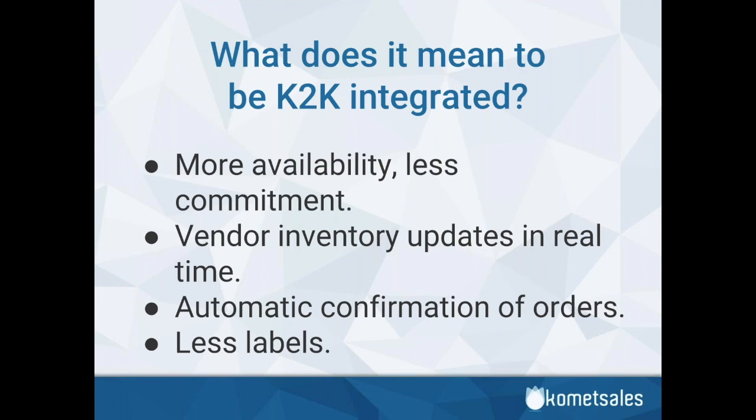You're already reflecting product as if it's yours, but in reality, you haven't yet committed to purchase that product from the vendor. Once the retailer logs in and does the checkout, that's when the commitment is done. Automatically, behind the scenes, the wholesaler requires the product from the importer so they can ship it to the wholesaler, and the wholesaler delivers it to the retailer. So that's where we come down to more availability, less commitment.